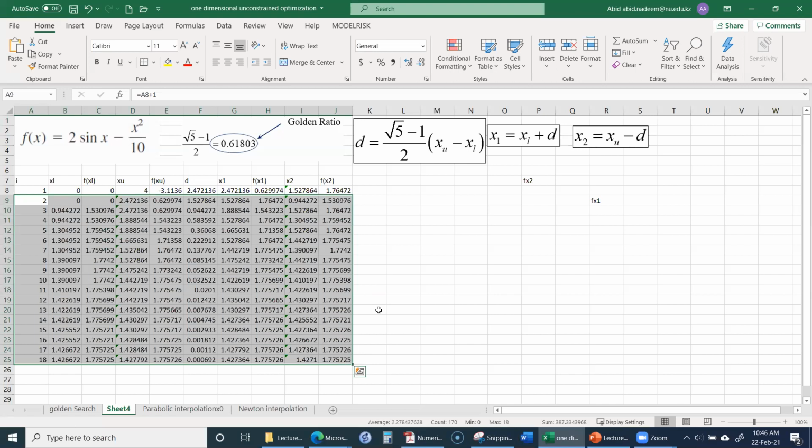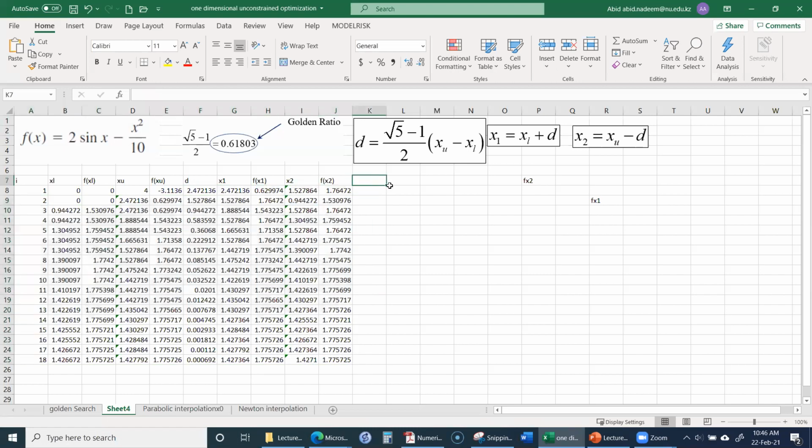So I don't know where to stop, but I think one way of stopping is that we can take the average of these x1 and x2 values. So it will be x1 plus x2 divided by 2.